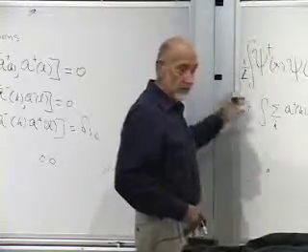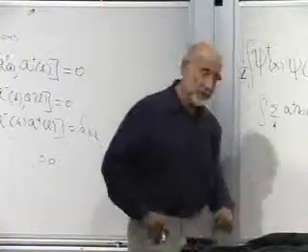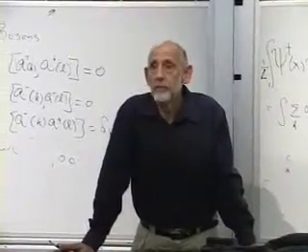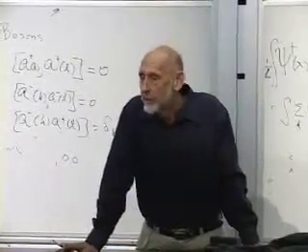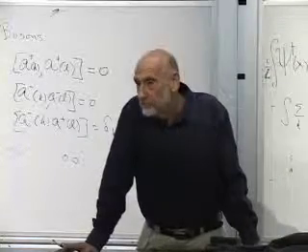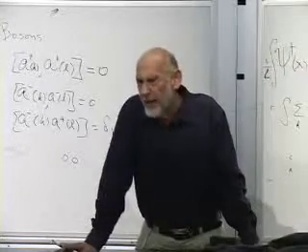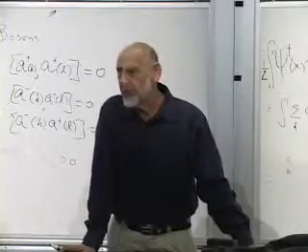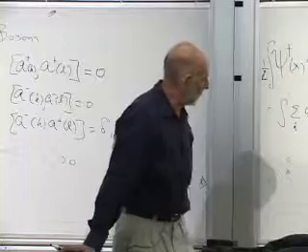Apart from this L, would you give a name to psi star times psi itself? Probability density. You could call it the number of particles at point x, but that's not such a good idea; better to say the density of particles at x.